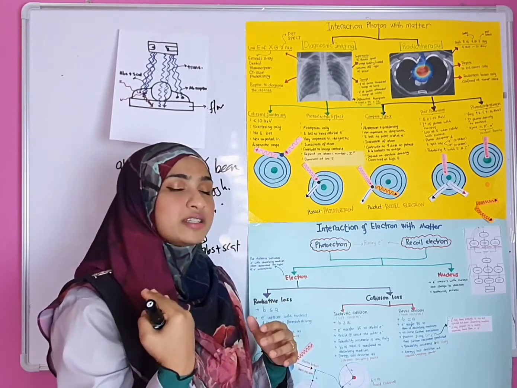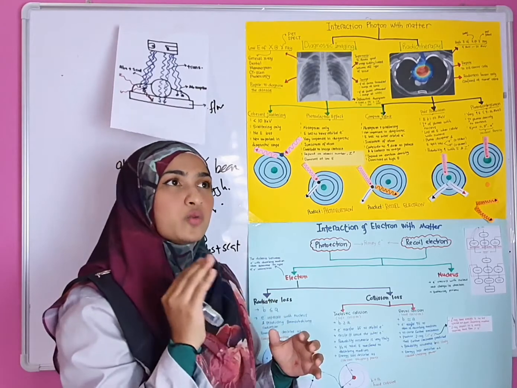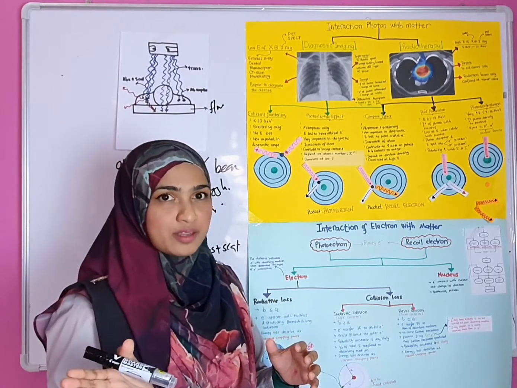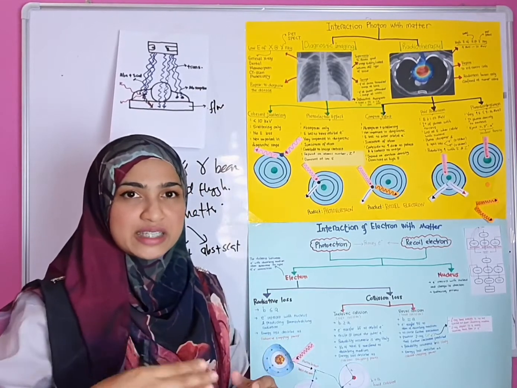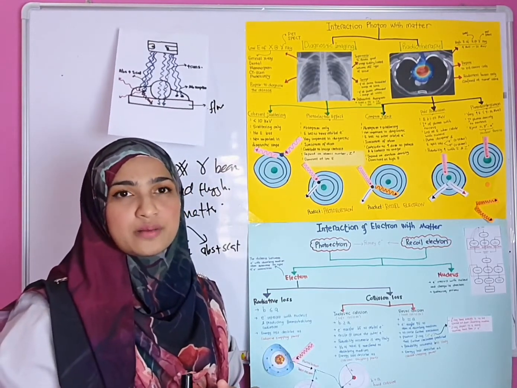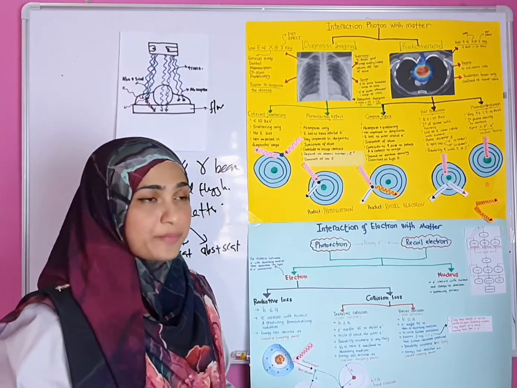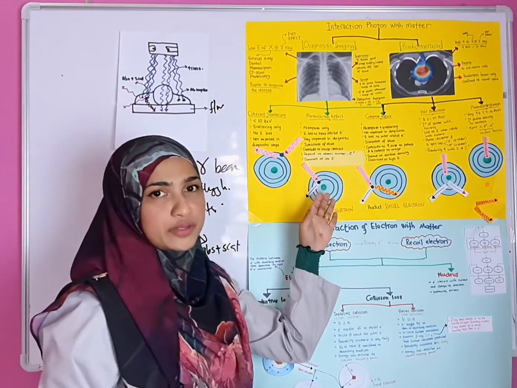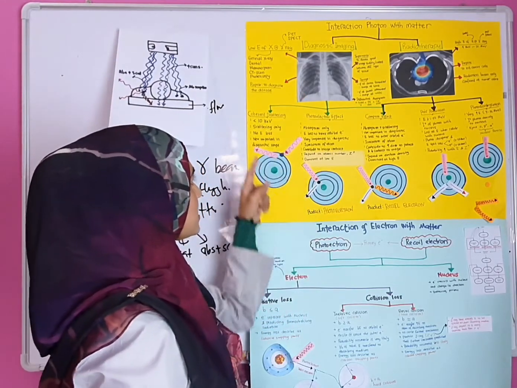Then an electron from the outer shell will fill the hole, and as it jumps into the hole, it converts its energy, becoming the characteristic X-ray. So the atom will be ionized. It contributes to image contrast.